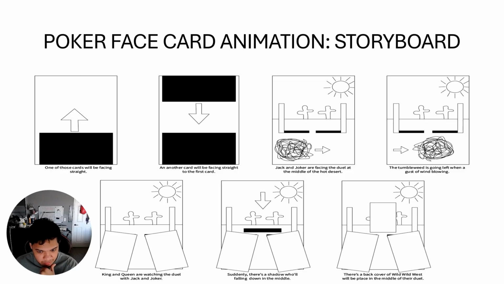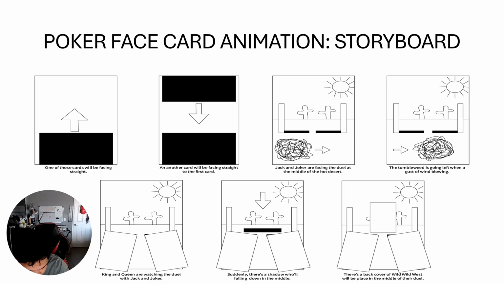So over here, the cards have shadows on them. It's like they are facing a duel with gunshots. The cards are supposed to be facing right or left so that you cannot see them. Over here, the front two cards show the two cards watching the face in the duel.